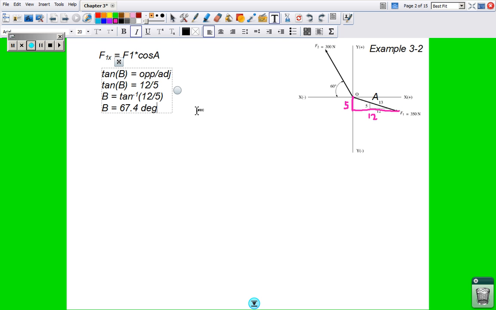Okay, so what does that mean for us in terms of A? It means that angle A is equal to 90 degrees minus 67.4 degrees, which is going to be equal to 22.6 degrees.